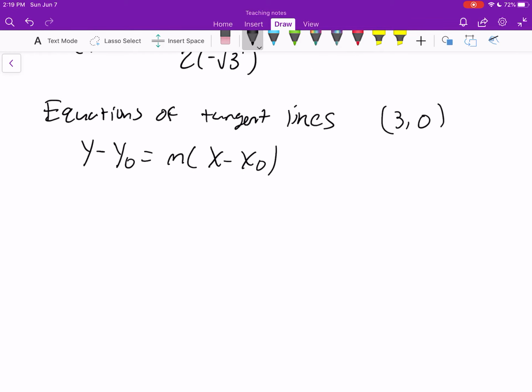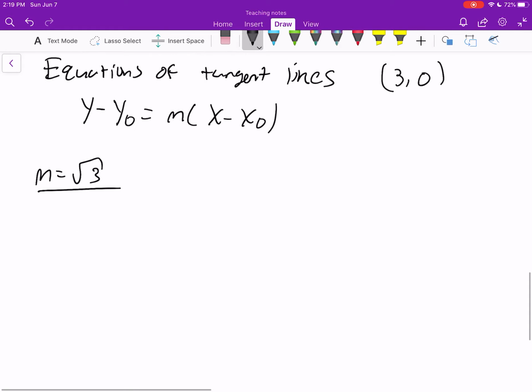So for the slope, m equals square root of 3. I'm going to call this y1 minus, so y1 is going to be a variable here, so y1 minus y0 is 0. It's equal to m times, so we'll just use x and y. And remember that these are two different lines.